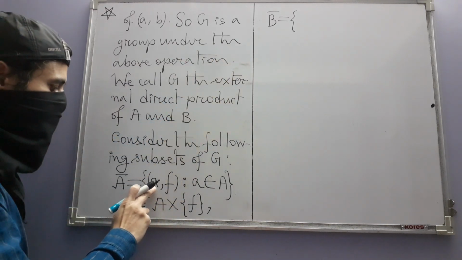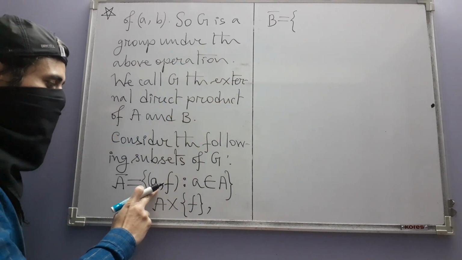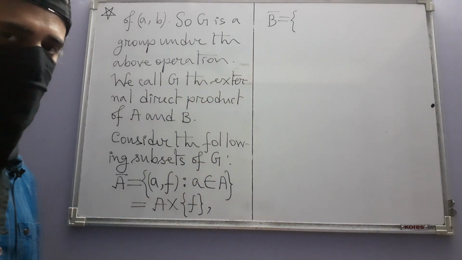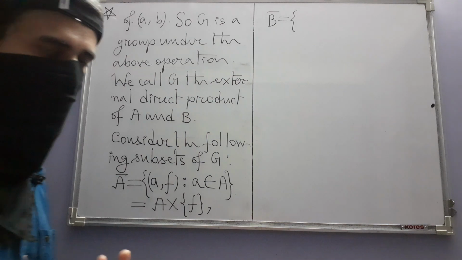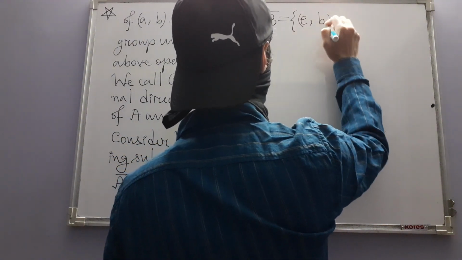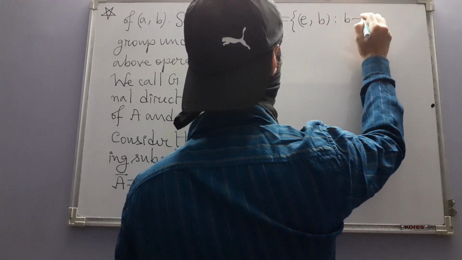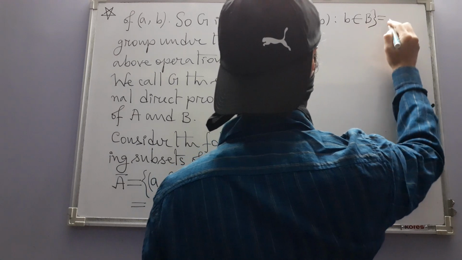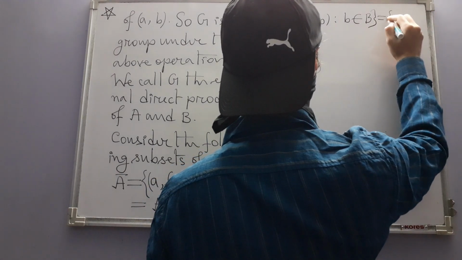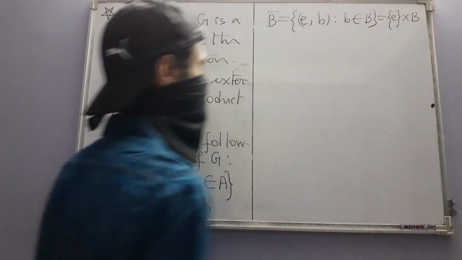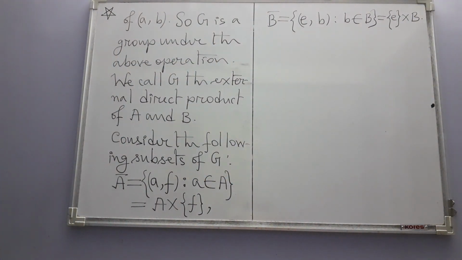For B bar, this component is going to be the identity element and we are going to free the other component. Free means we do not impose any restriction on it. So this is E comma B where B varies over B, and just like this one, this is the Cartesian product, singleton set E times B.